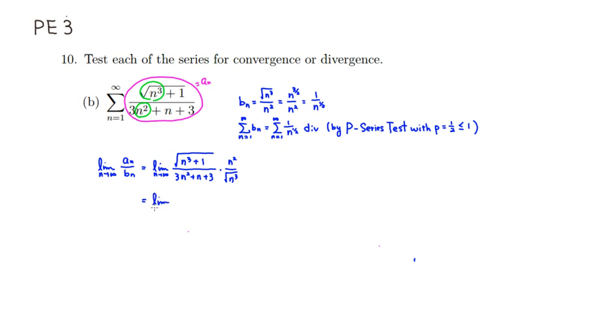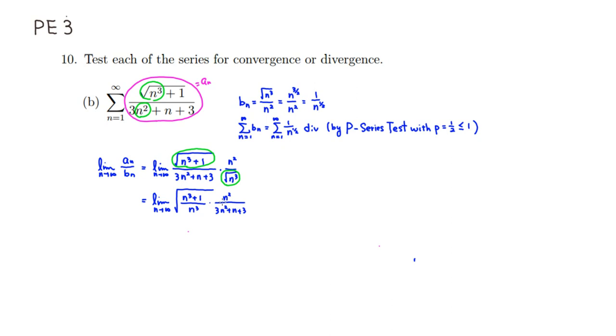Both of these have square roots, so I'm going to put them under the same square root: the square root of n cubed plus 1 over n cubed, and the rest is just n squared on top, over 3n squared plus n plus 3.